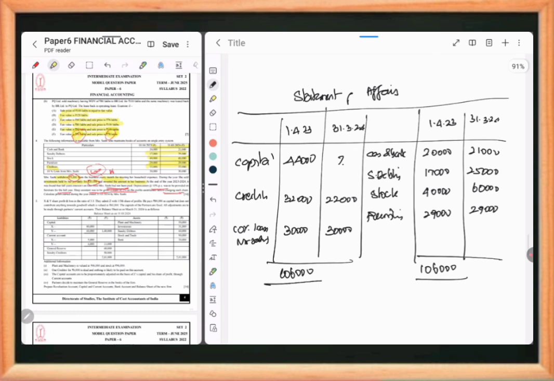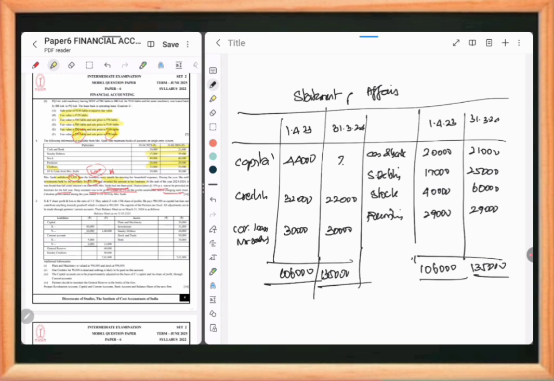Here also 21,000 plus 25,000 plus 60,000 plus 29,000, so 1,35,000, minus 22,000 minus 30,000, so 83,000.